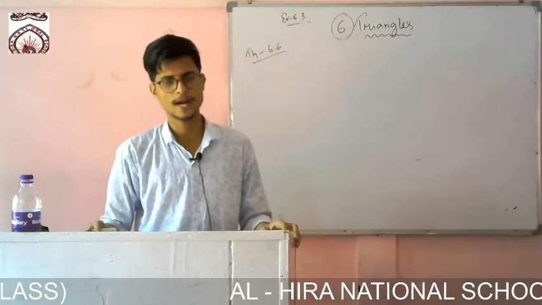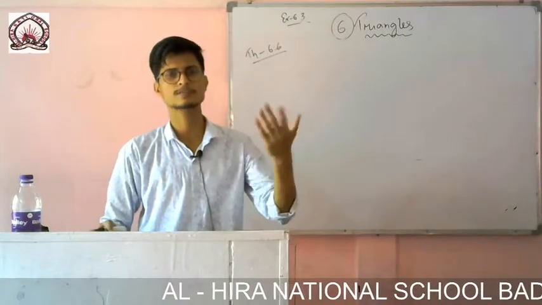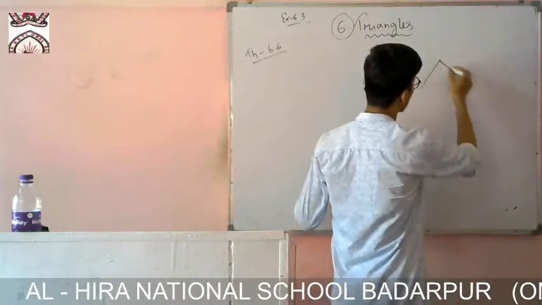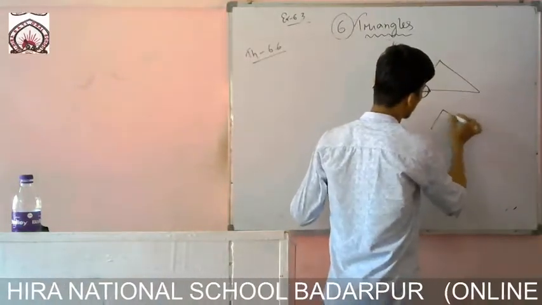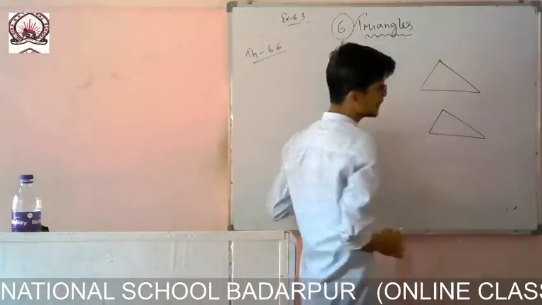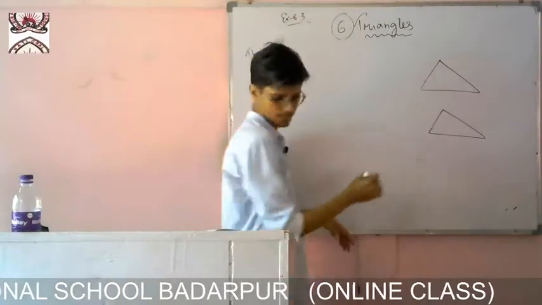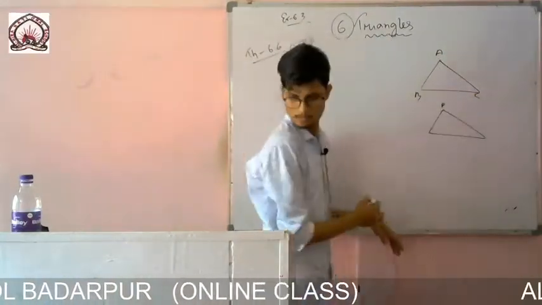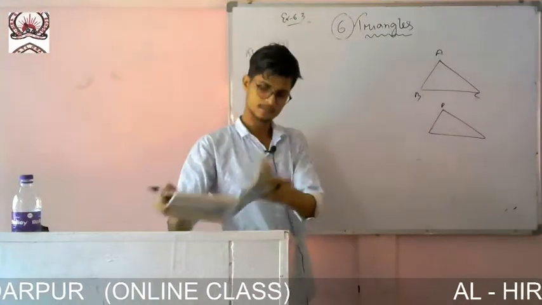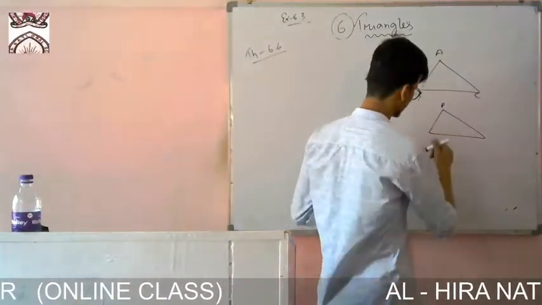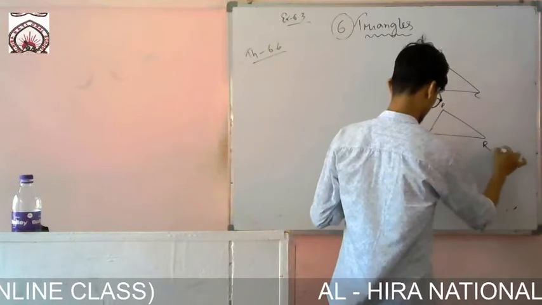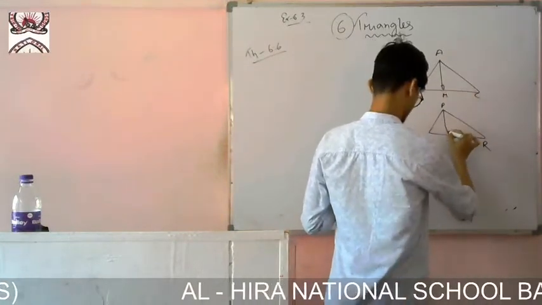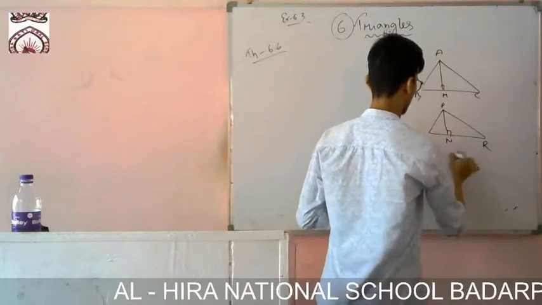If two similar triangles are given like this, and you want to find the ratio of their areas, for example, let me write it the same, triangles ABC and PQR, with AM and PN.